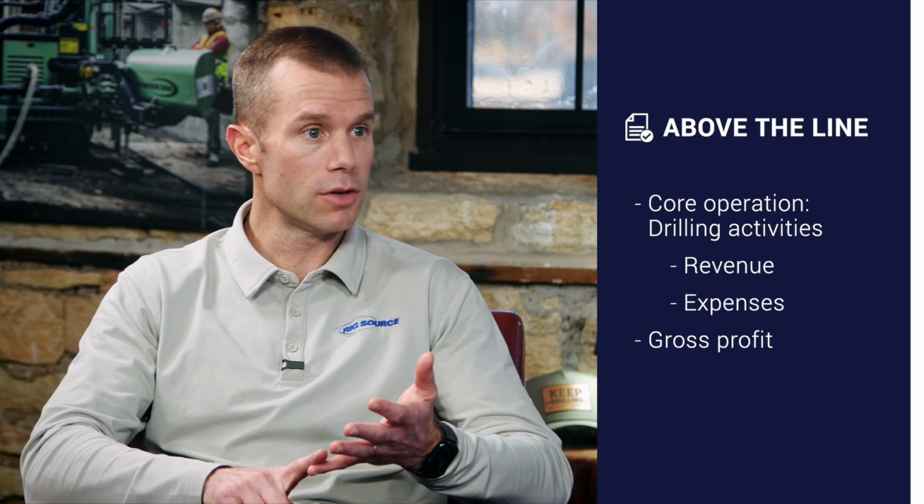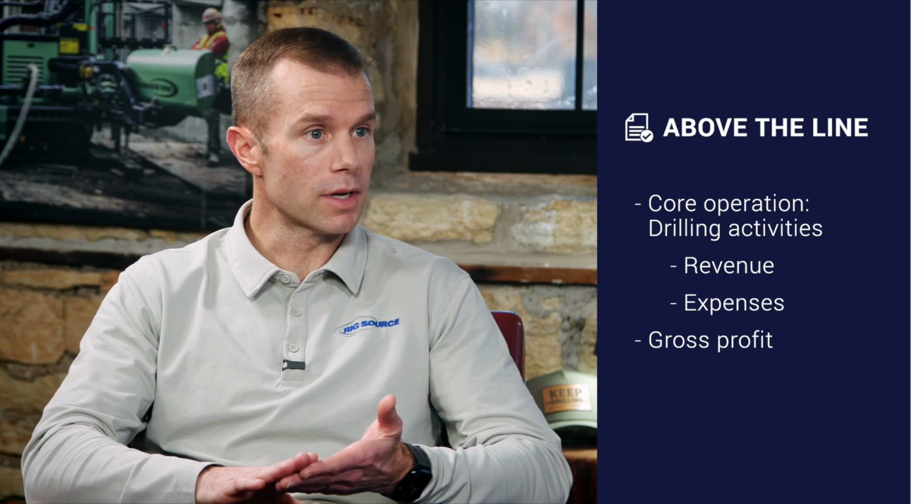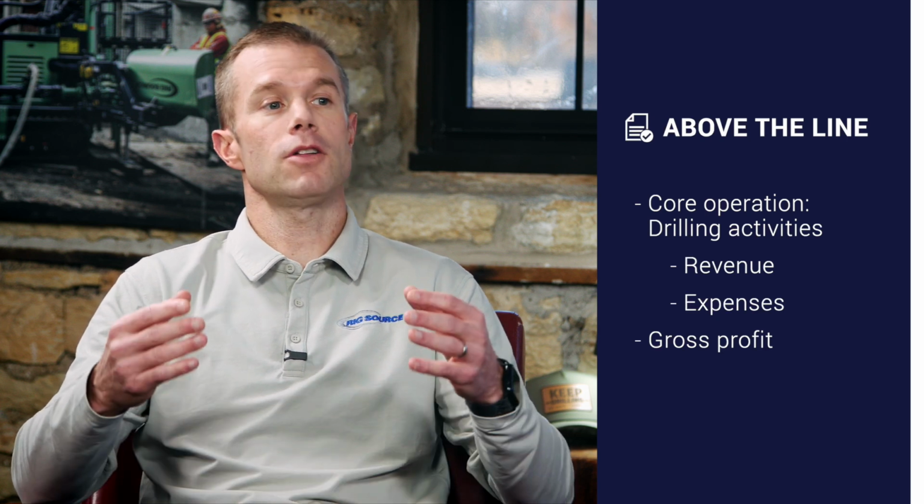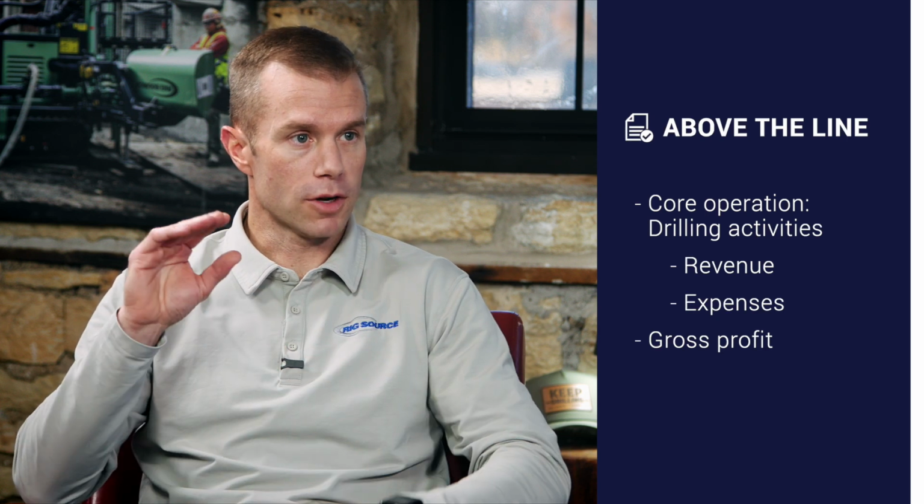It's your drilling revenue and all associated revenue accounts and revenue producing activities that you have, followed with your direct cost for completing that work. At the end of the day, that produces your gross profit. Profitable companies see a strong gross profit number there, and that tells them that the activities that they're doing are fruitful for their organization. So let's talk about below the line.